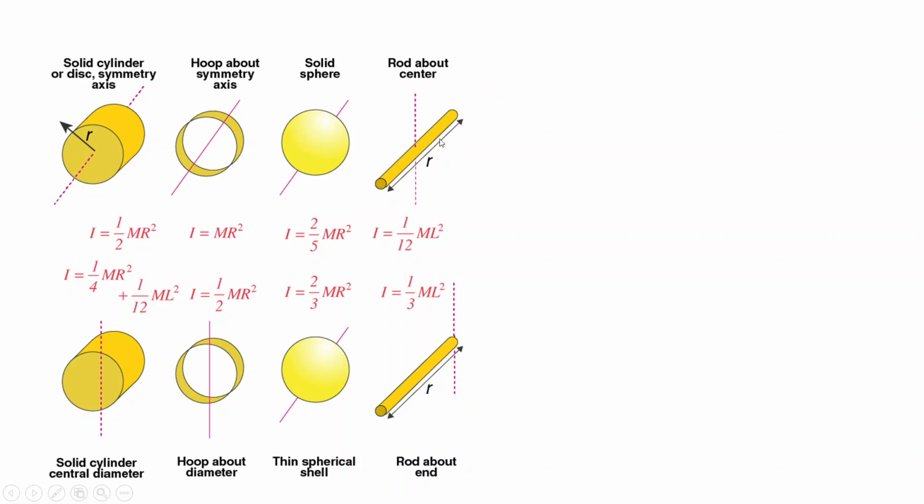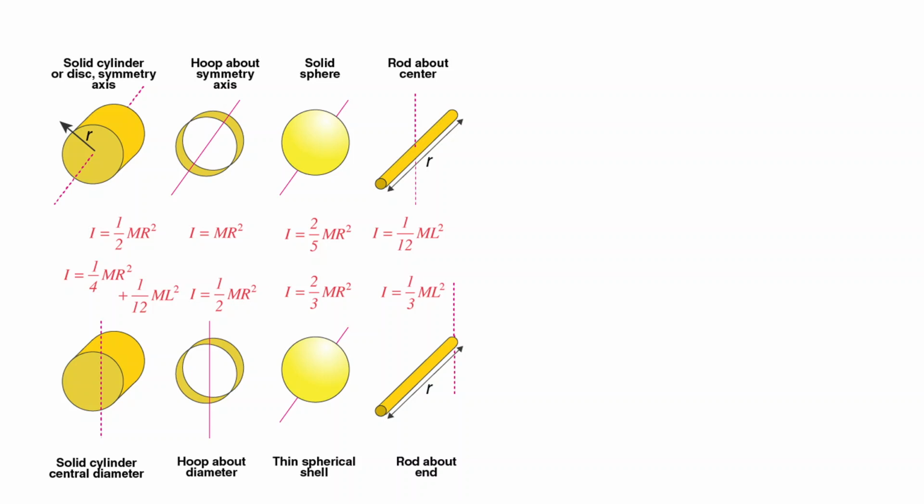In this particular row, the axis of rotation is passing perpendicular to the object, through its center. But we know there are different theorems using which we can find the moment of inertia for these different shape or different size objects.